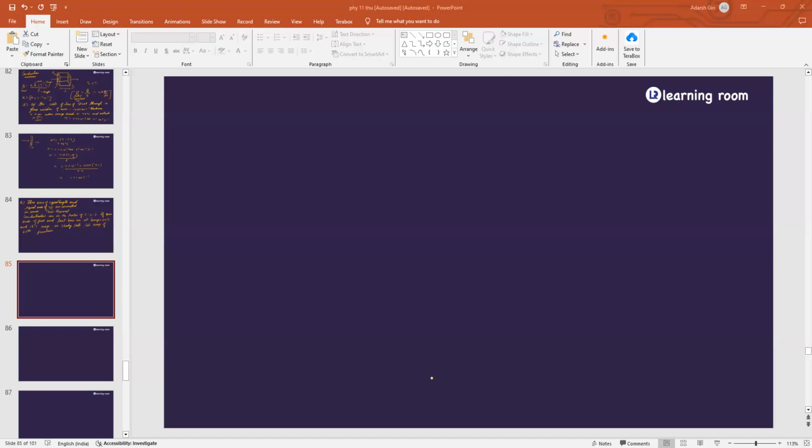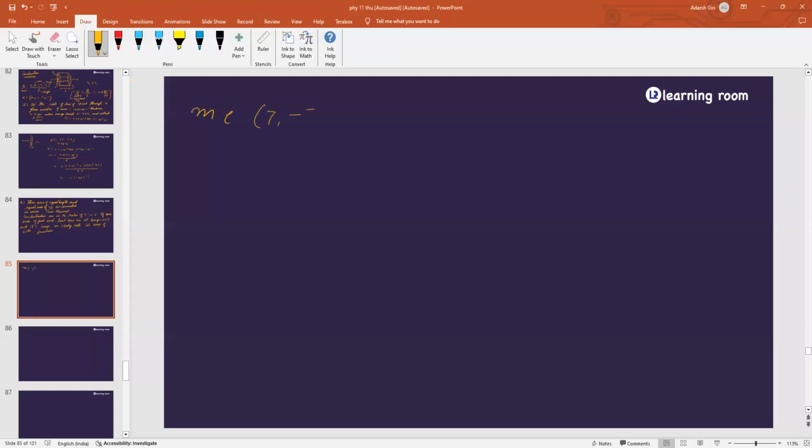Am I audible? Can you see the screen? So now we'll be dealing with the questions of Newton's law of cooling. Newton gave a theory for the law of cooling: mc(T1 minus T2), where T2 is the final temperature after time t, is equal to K(T minus T naught), that is, K times (T1 plus T2)/2 minus T naught.